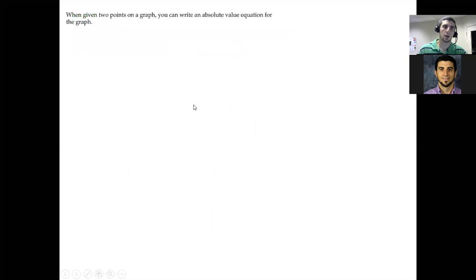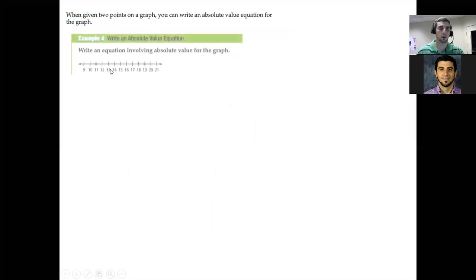All right, when given 2 points on a graph, you can write an absolute value equation for the graph. So write an equation involving absolute value for this graph. Now, if you think about what I just said, if I can go from 11 to 19, I want to get the middle of that.